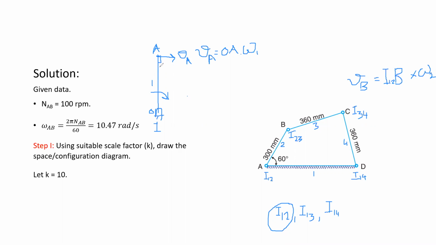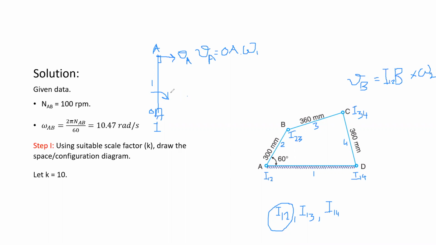Velocity is always perpendicular to radius, the direction of velocity. Okay, this thing you have to keep in mind in order to locate the ICR. What is the point here? That velocity of any point on the link is perpendicular to its radius. And what is radius? Radius is the line which is joining that point to the center of rotation.